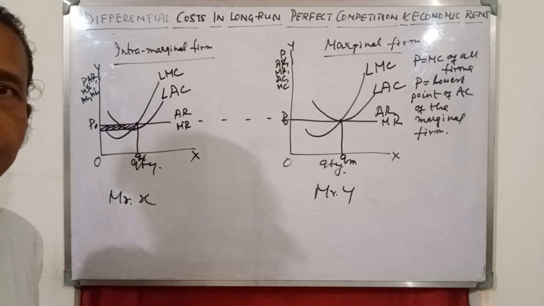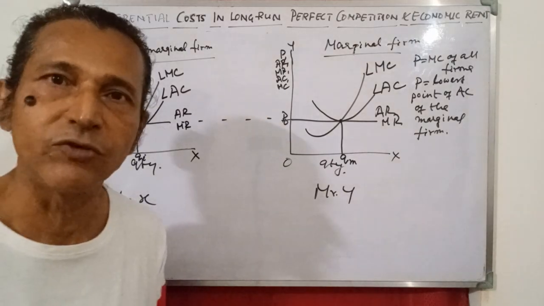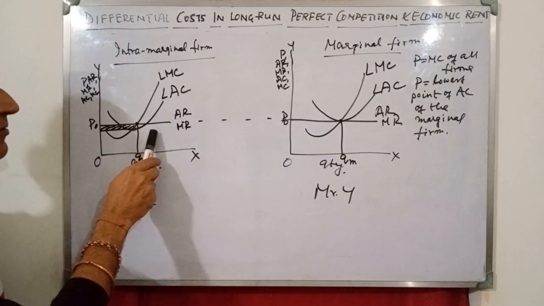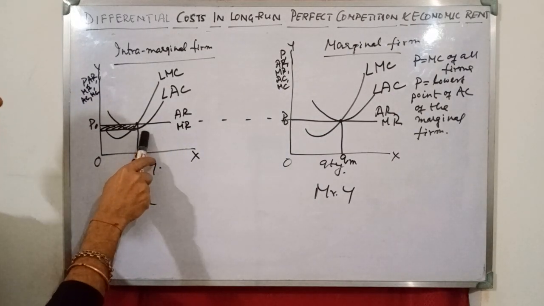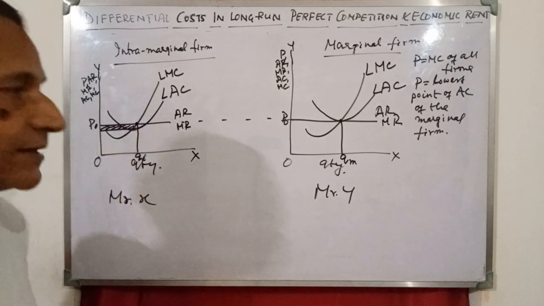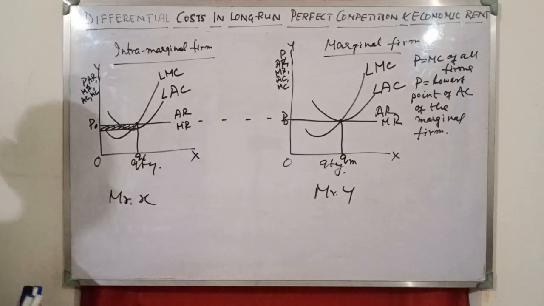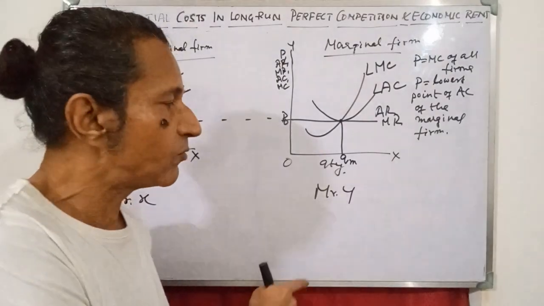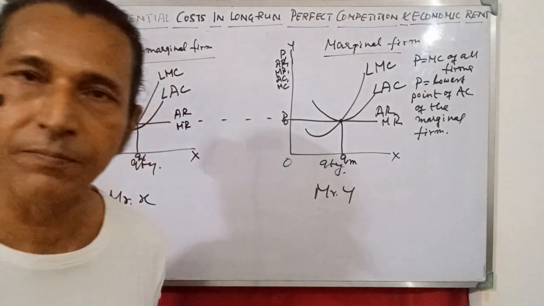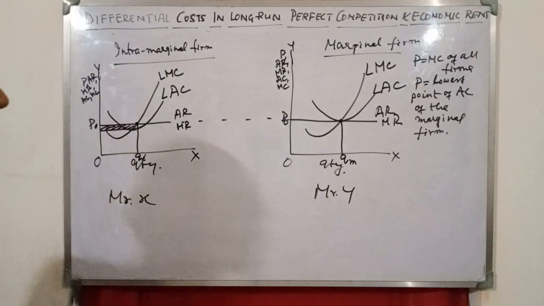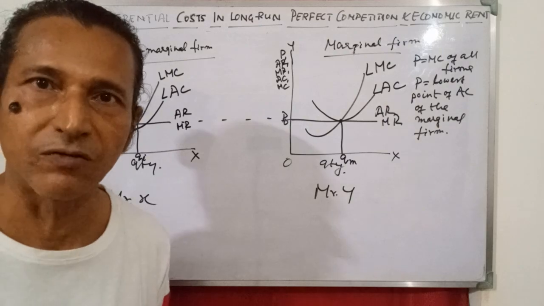So in this way, Mr. X's salary will go up till the excess profit which this intramarginal firm is earning will be wiped out. That is, when Mr. X will get a salary which is exactly 20,000 more than what Mr. Y is getting, the firm will no longer be earning supernormal profit.